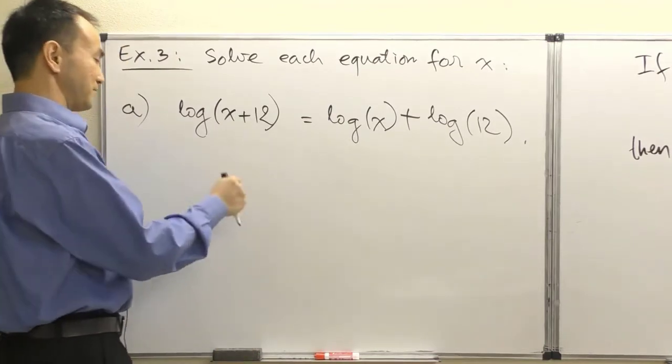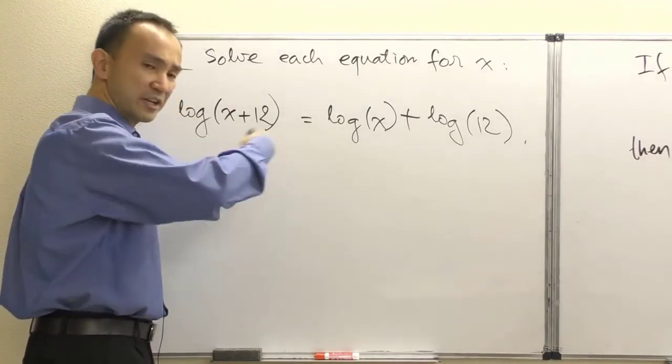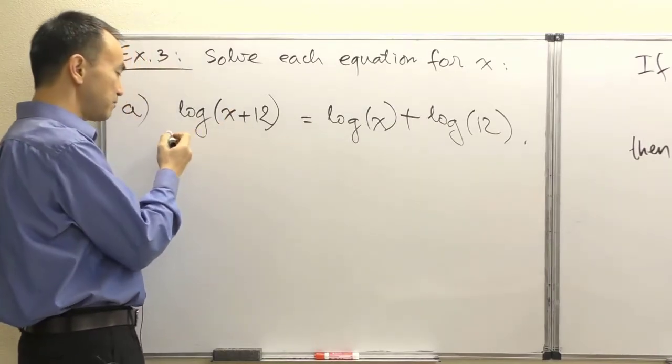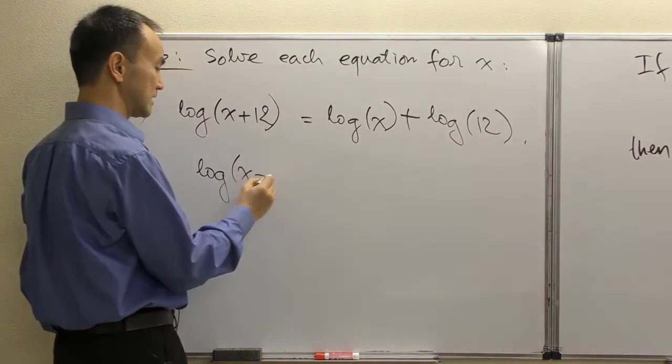So now I'm going to put away the advice about bringing all log terms to one side. I'm going to stay right here with this equation. The left-hand side has only one term, so let's leave it the way it is.